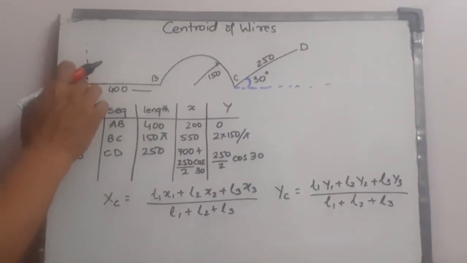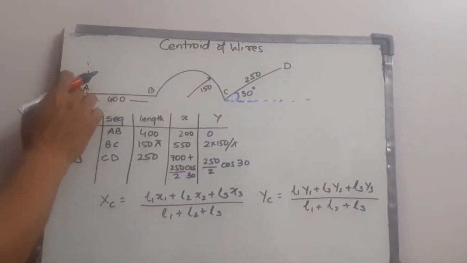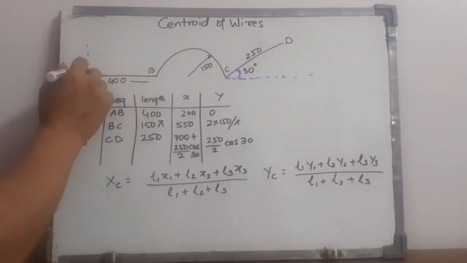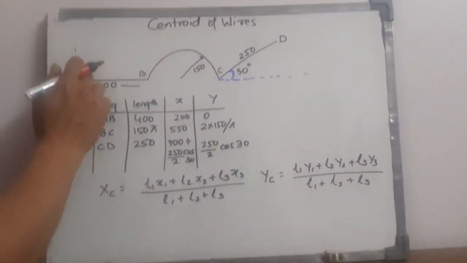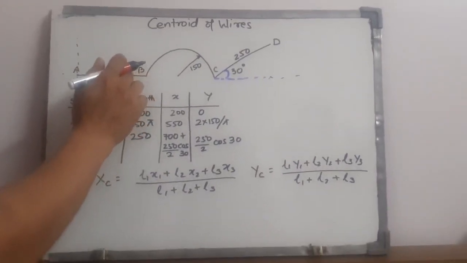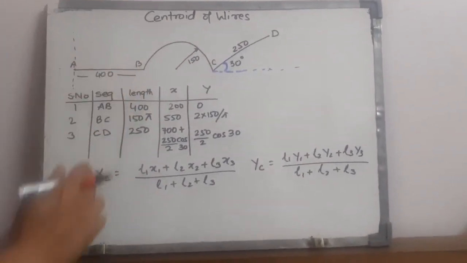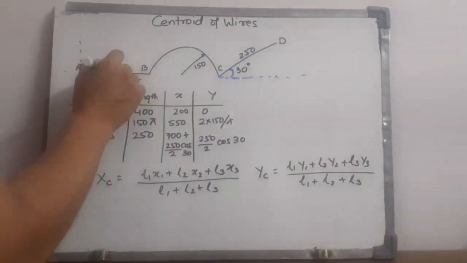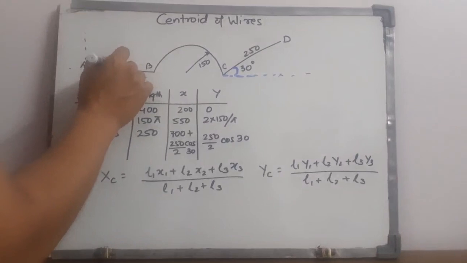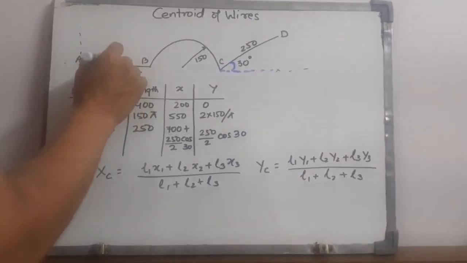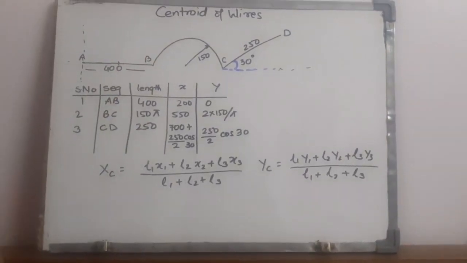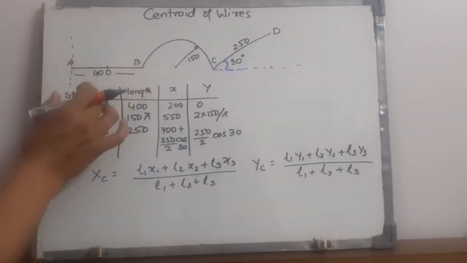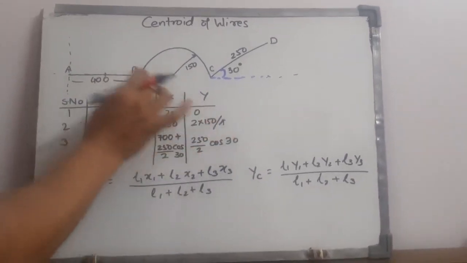X lies at a distance of 200 mm from here. So if this is your origin, the value of x is at a distance of 200 mm at the center of the bar. And y, this is parallel, so it will lie somewhere here. Here y is 0, x is 200. So the coordinates of the centroid for this elemental length AB of 400 mm placed like this are 200 and 0.